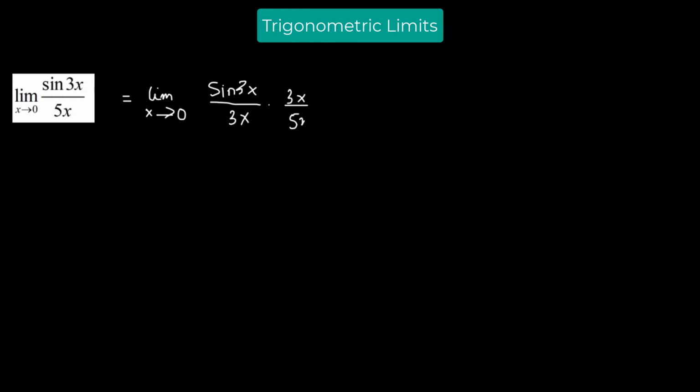Then we have 5x in the denominator, so the x and x get cancelled out, leaving us with 3 over 5, which can be written in front of the limit. So we have 3 over 5 times limit x tending to 0 sine 3x over 3x. Using the definition, the limiting value of sine 3x over 3x when x tends to 0 is going to be 1. So that gives us 3/5 times 1, or simply 3/5.